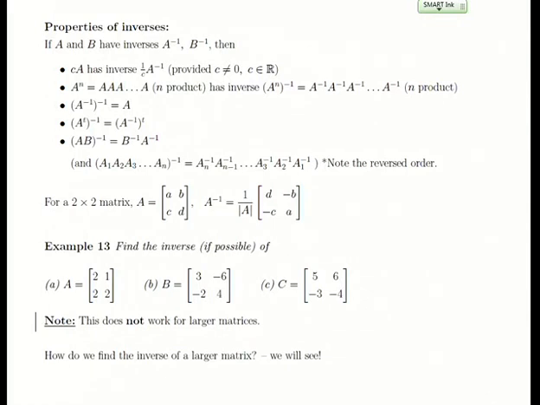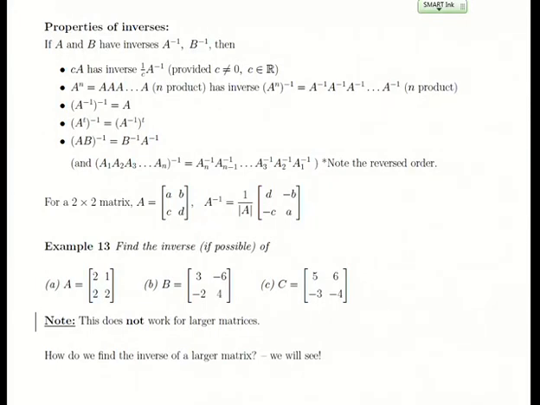Let me write it down. Okay. If you have A times B, take the inverse of that, right? And then if we multiply it by this one here, this is the inverse of that, so we should get the identity, right?